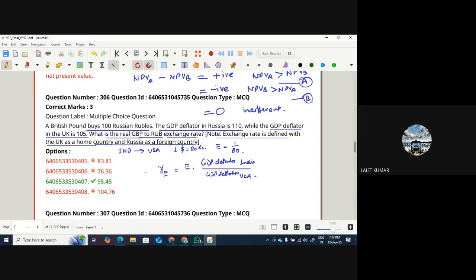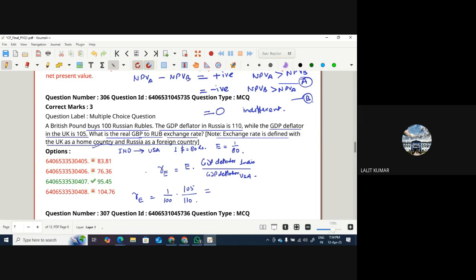Now, with the same concept, RE will come, E will become 1 by 100. The GDP deflator in Russia is 110. But they have given that your home country is the UK. UK is your home country, Russia is a foreign country. So this becomes 110. So if you solve this, you get the answer.